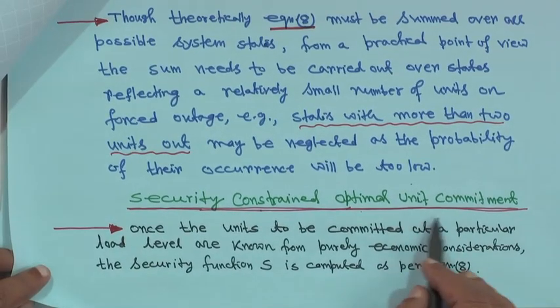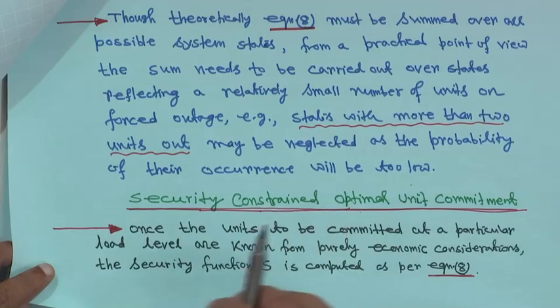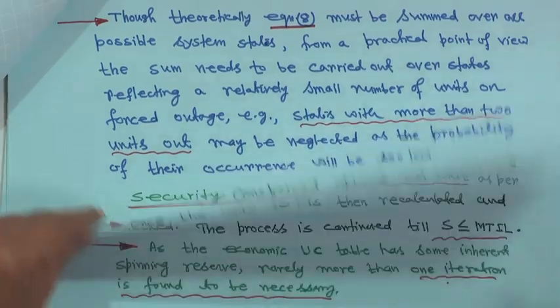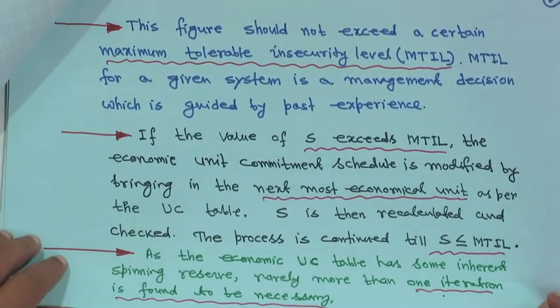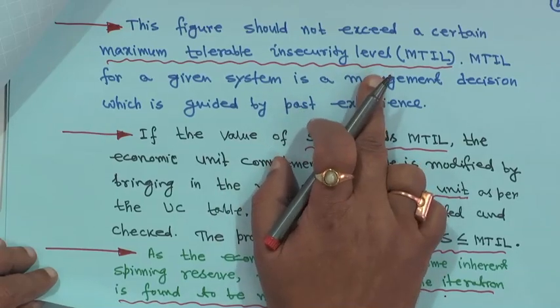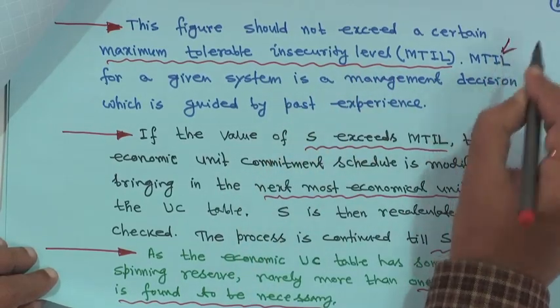Now, security constrained optimal unit commitment, I will give you a simple example here. Once the units to be committed at a particular load level are known from purely economic consideration, the security function S is computed as per equation 8, S equals sigma Pi Ri. This figure should not exceed a certain maximum tolerable insecurity level, MTIL, which will be defined by you.